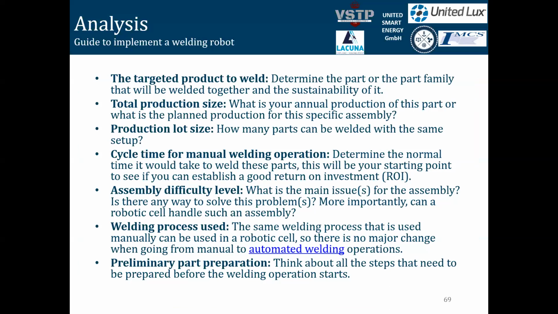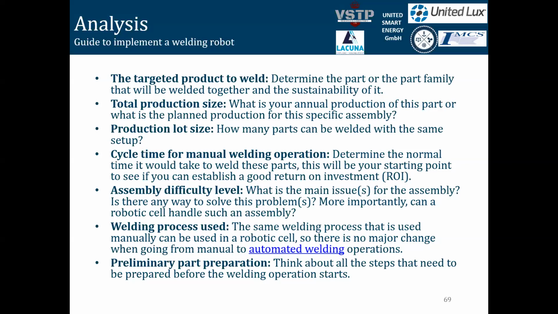Then what is with the assembly? Then the process itself and the workpiece preparation before. Can you still somehow use the typical workpiece or preparation of it? Those are the questions which we are faced with.